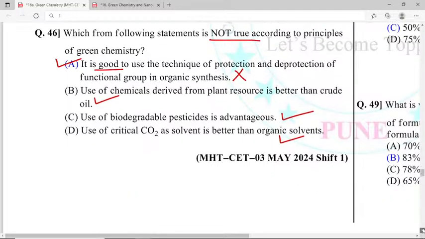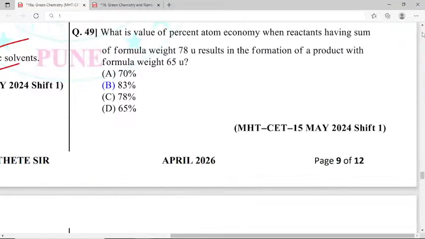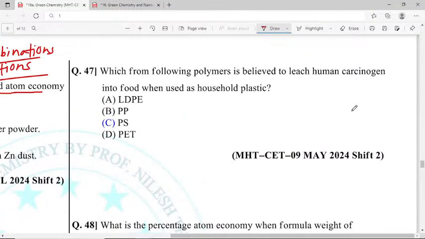Next question. Which from following polymers is believed to leach human carcinogen into the food when used as a household plastic? It is called PS. PS stands for polystyrene.